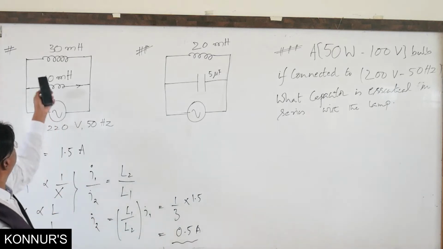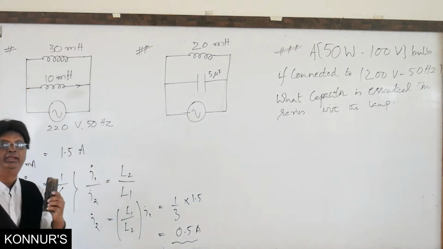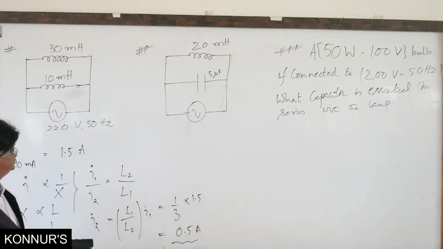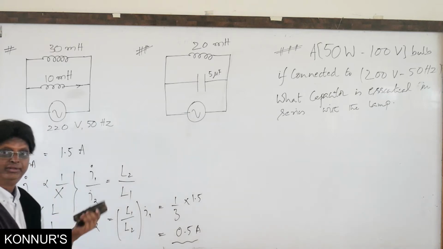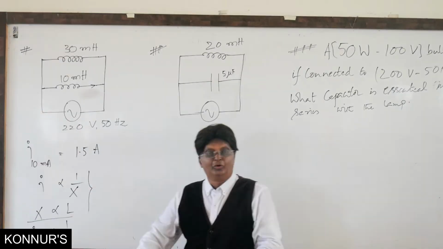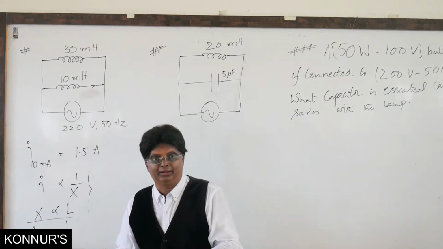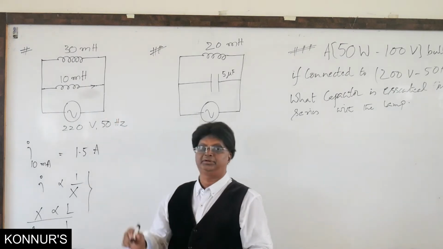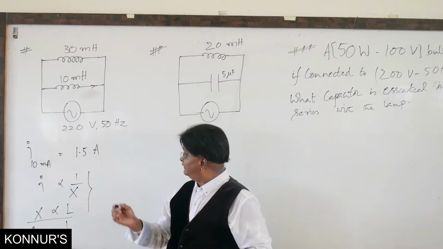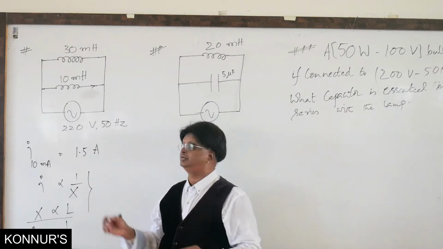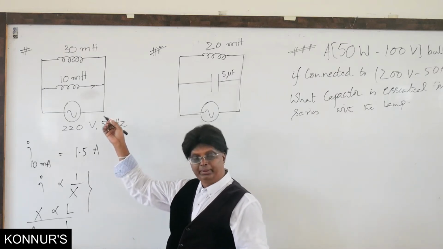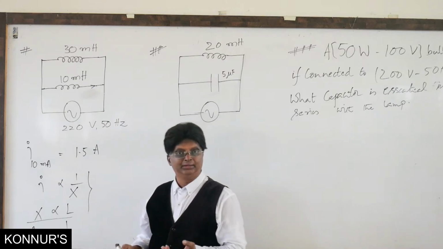Here I have given the case of two inductors in parallel combination. Now you can extend this example in different ways. Similarly, it can be the case of two capacitors in parallel, how to divide the currents.